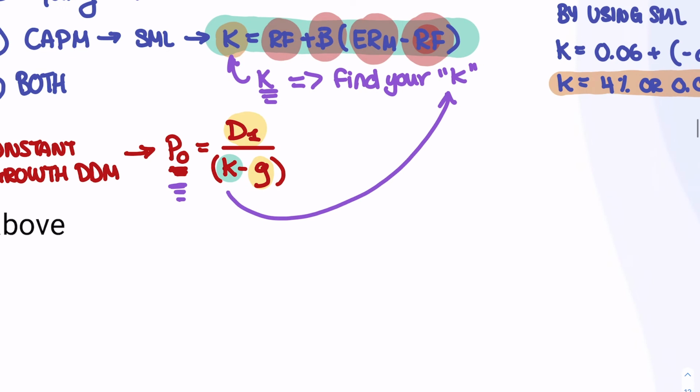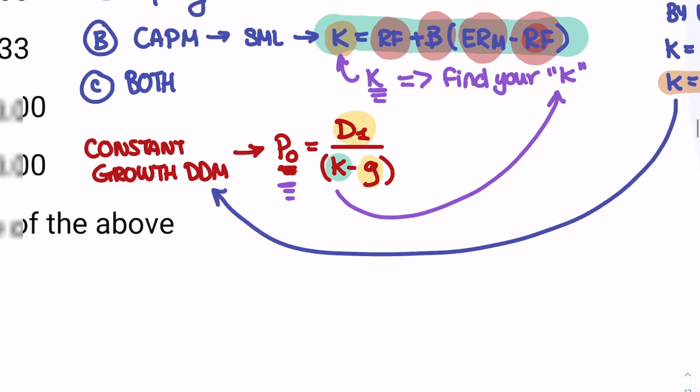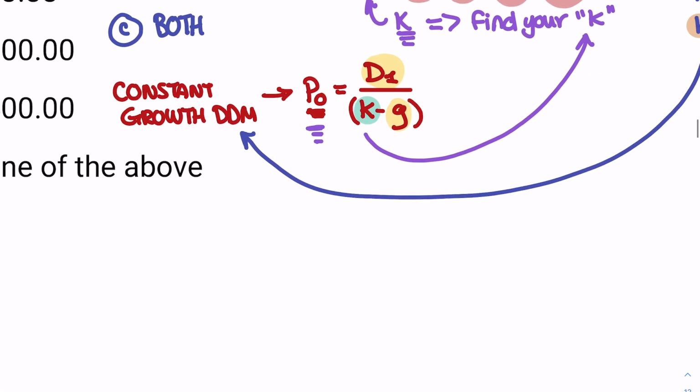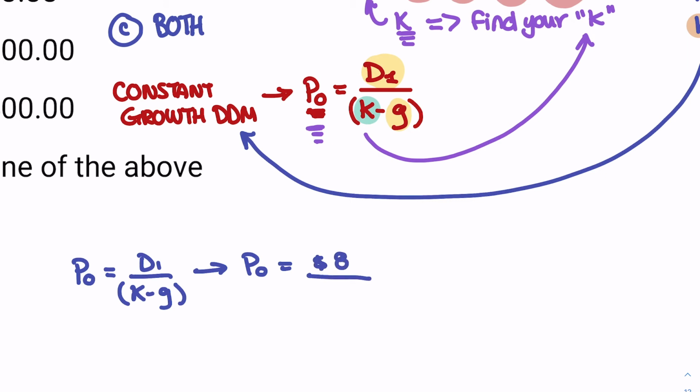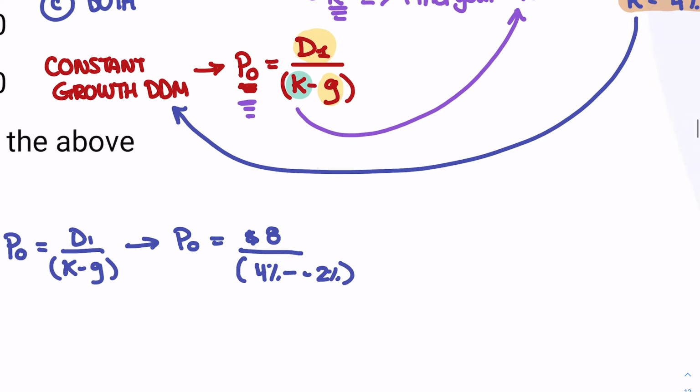So just like that, we know that we could plug this into our constant growth DDM, and we'll be able to see that P0 is equal to D1, as we said, over K minus G. And in this case, this will give us P0 is equal to $8, as we said in the question, over 4% minus, in this case, minus 2%.